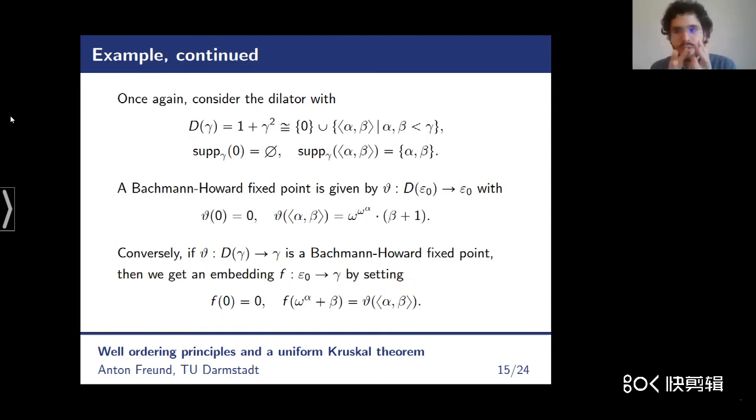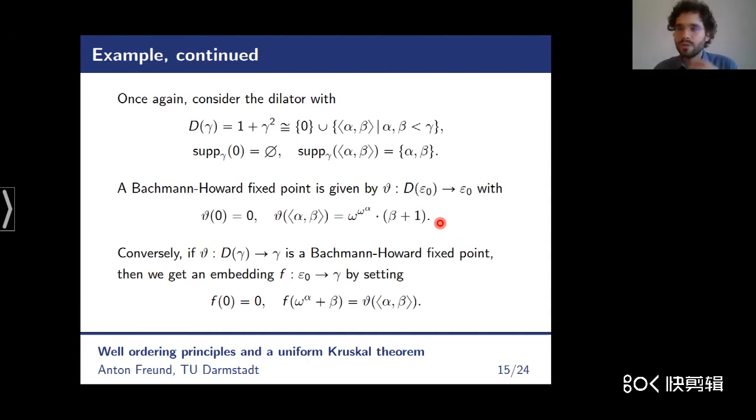So we don't have to look at the details, but what I think is very nice about this is that the ordinal epsilon 0 that we already know from Gentzen's classical result turns up here again. And that actually, once one has mastered this somewhat abstract setting of dilators, things become very simple, because epsilon 0 is quite a complicated object.